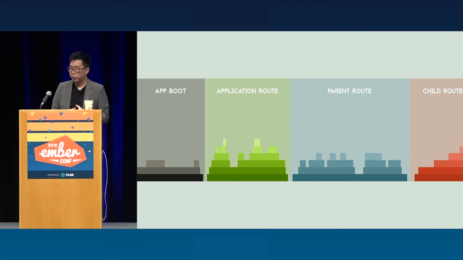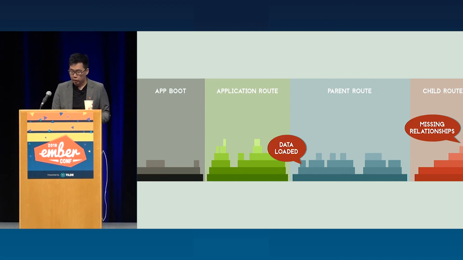But sometimes the browser can never figure it out for you. For example, you might have loaded some data in your parent route, and you didn't notice that you have a bug in your adapter. So it's not until way later, when you try to access the data in your child route, that you notice there's an error, or maybe there's not even an error, there's just a blank screen of nothing, right?